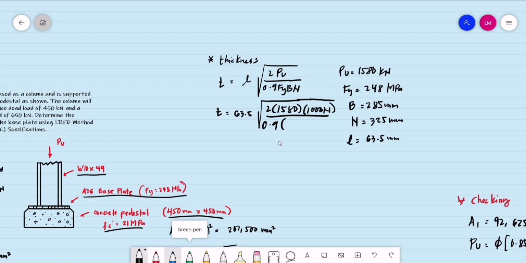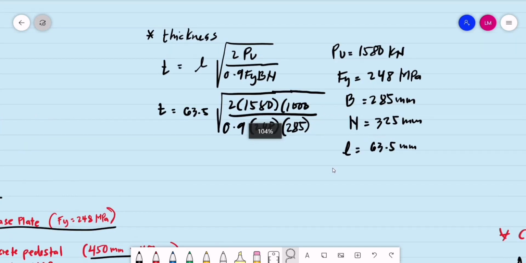The given type of steel is A36 with Fy equal to 248, so this is to be multiplied by 248 megapascals. The value of B is 285, and the value of N is 325.